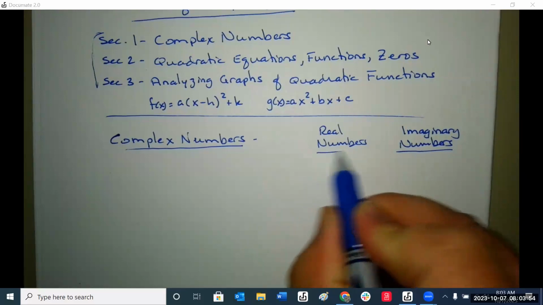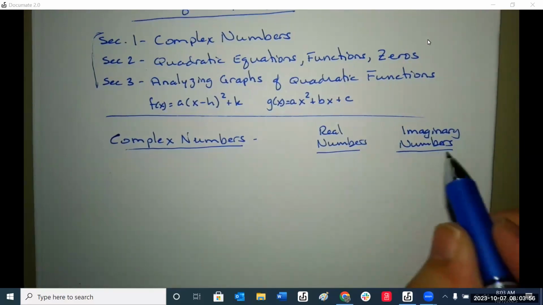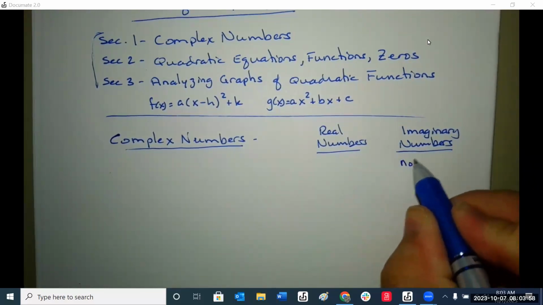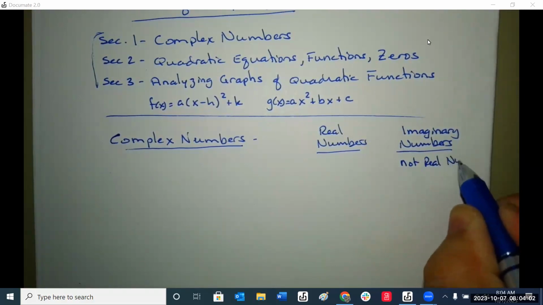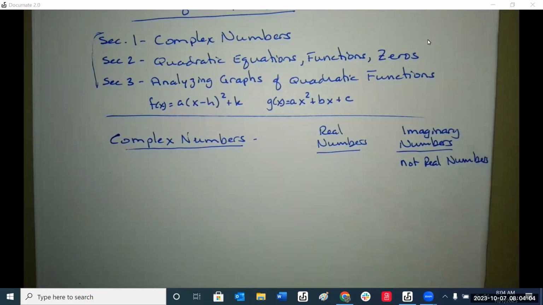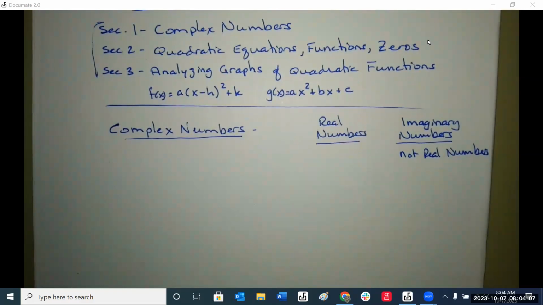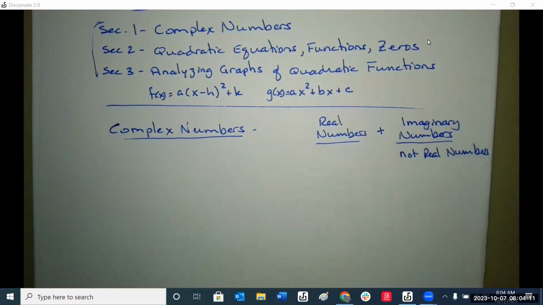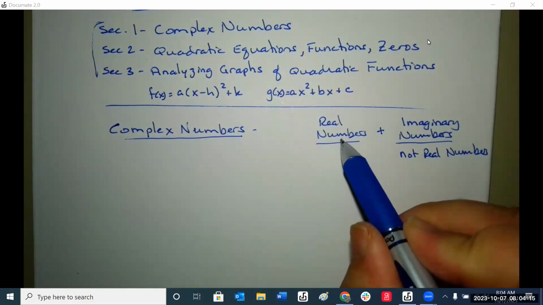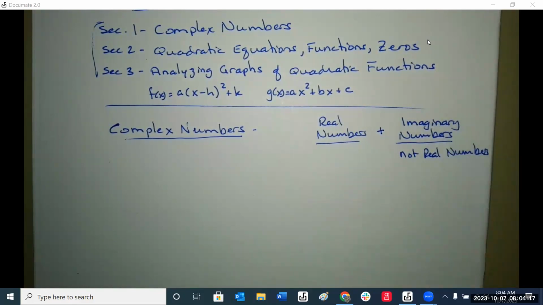Imaginary numbers, this is the real definition, imaginary numbers are not real numbers. That is our definition. So in order for us to look at all the possible numbers, the answers we can get, we have to look at the real numbers and we look at the imaginary numbers.